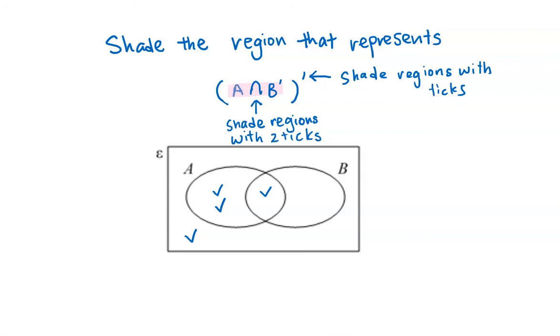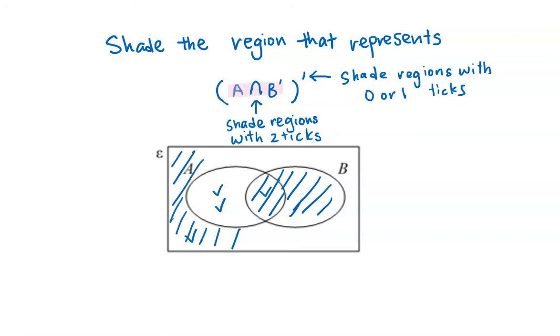And to consider the negation, which is this complement, means I'm shading regions with 0 or 1 ticks. Okay, so that means I'm shading this region, and any region with 1 or 0 ticks. So basically that means I'm ignoring these regions with 2 ticks.